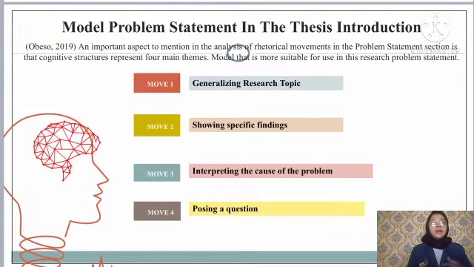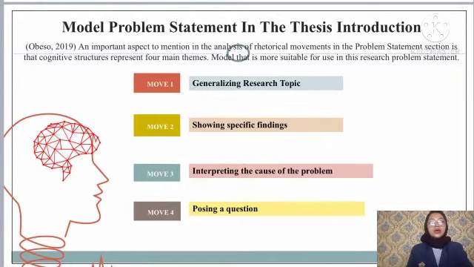By Obeso 2019, an important aspect to mention in the analysis of rhetorical movements in the problem statement section is that the cognitive structure represents four main themes. The model that is more suitable for use in the research problem statement has four moves.